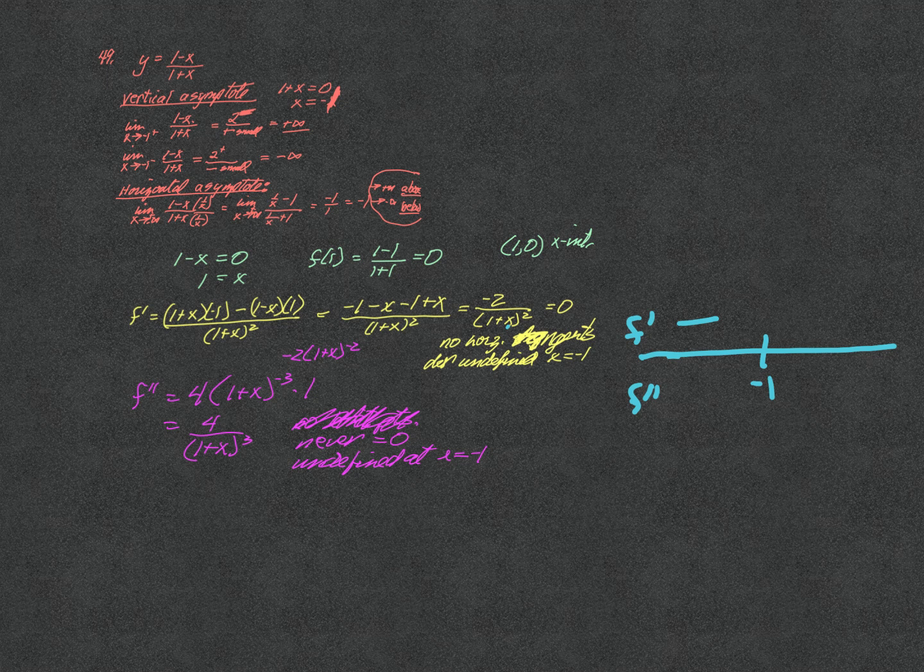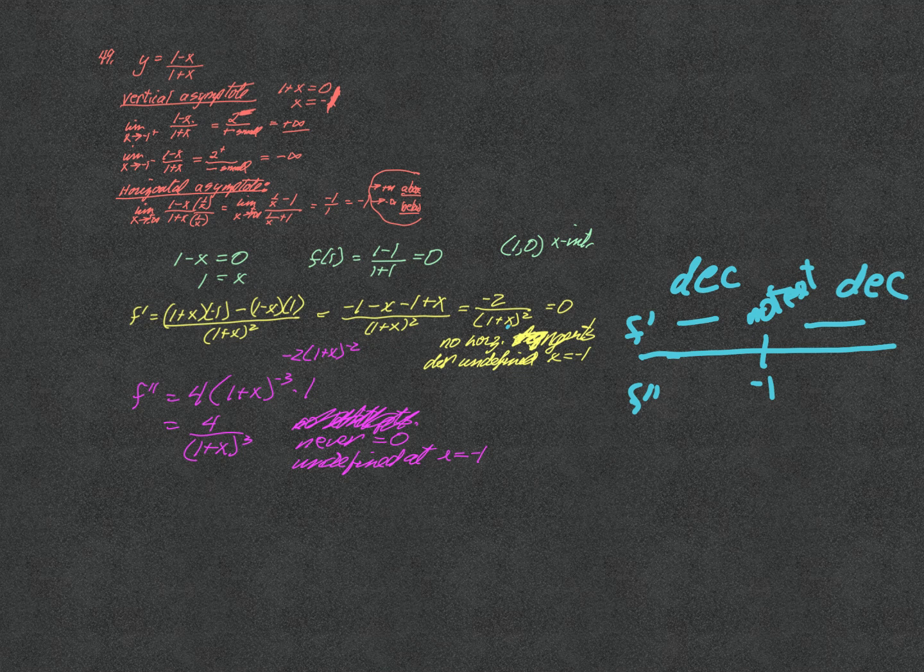And if we plug in 0 into that, the first derivative is still negative. So the first derivative is decreasing and then decreasing, and not an extrema. It's not a max or a minimum because it decreases and then decreases.